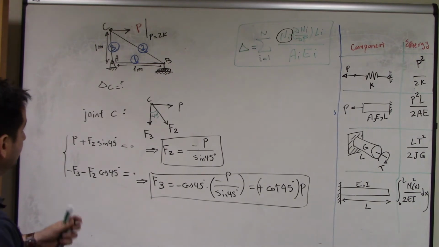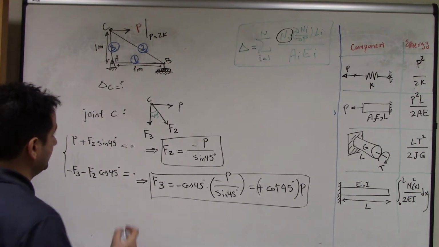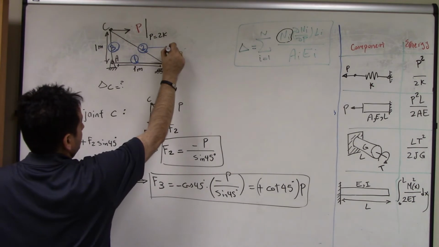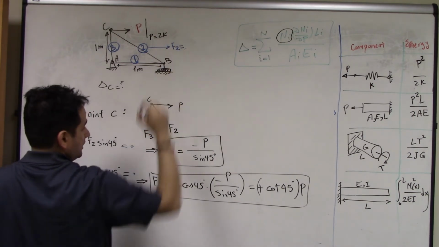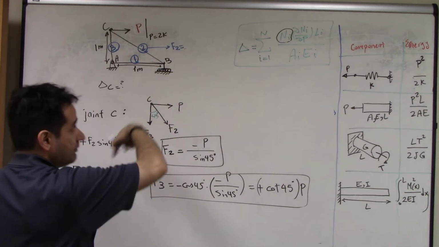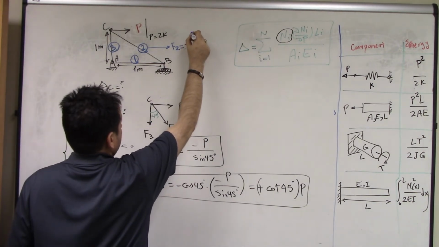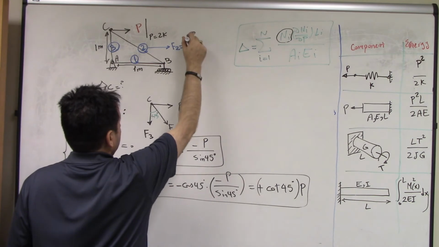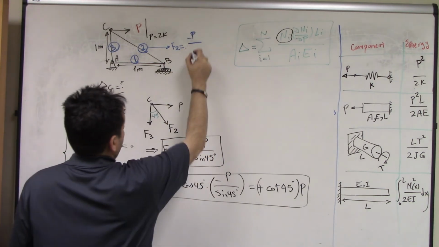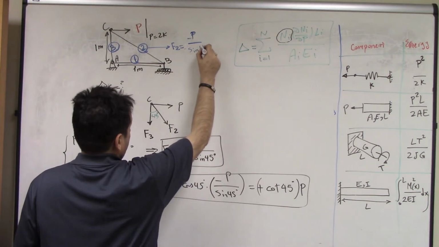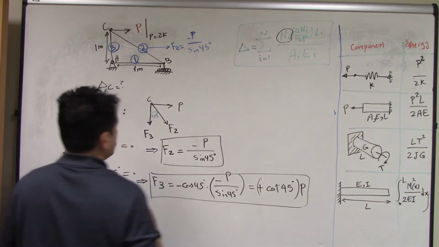So let's write it in blue color. F2 here, because I want to free up some space for the next joint. F2 is equal to negative P over sine 45 degrees.